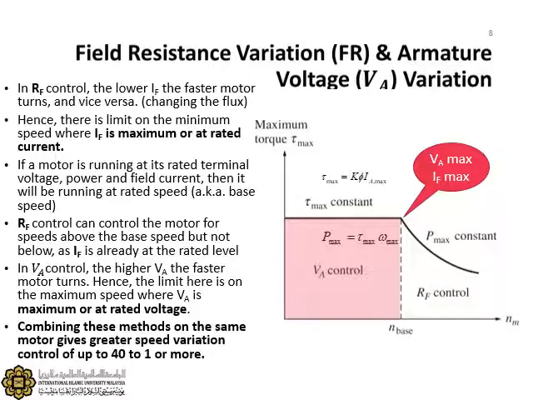We have discussed the three different methods that we use with shunt DC motors. However, we may have a fourth one, which is actually a combination of the first two techniques that we have discussed, which are the field resistance variation and the armature voltage variation.